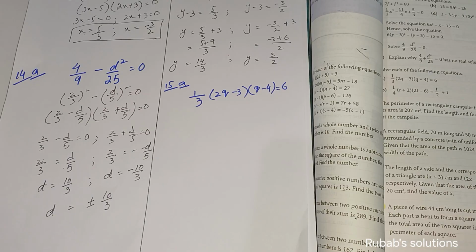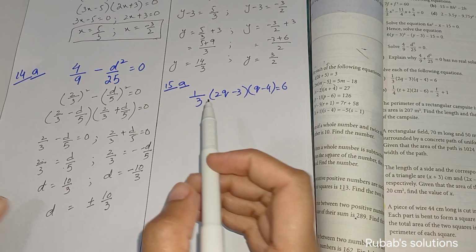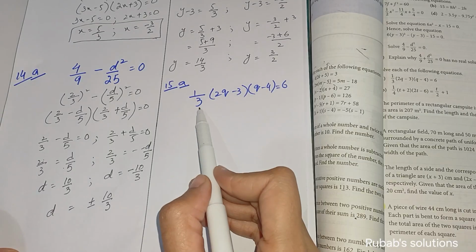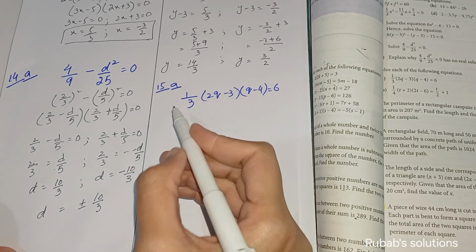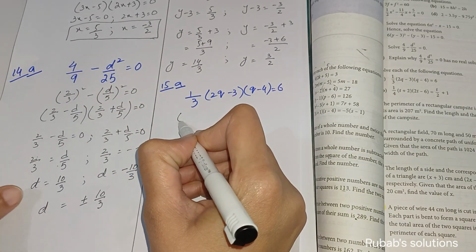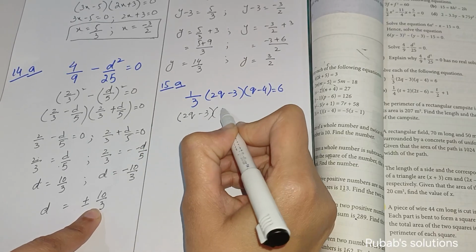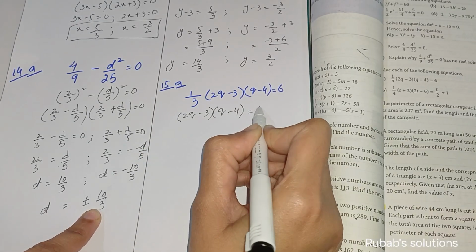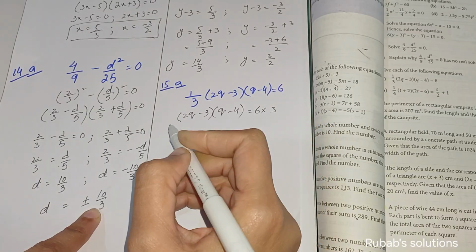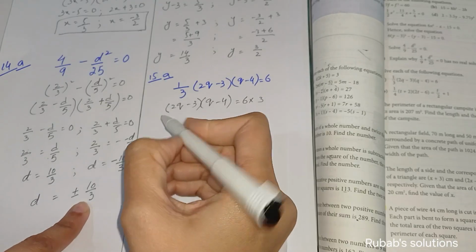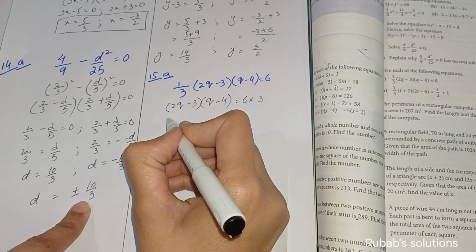Moving towards question number 15: 1 by 3 into (2q minus 3)(q minus 4) is equal to 6. First of all, you have to remove this 1 by 3. That means this 3 will shift to the other side and get multiplied. So from here it is (2q minus 3)(q minus 4) is equal to 6 multiplied by 3, that is 18.